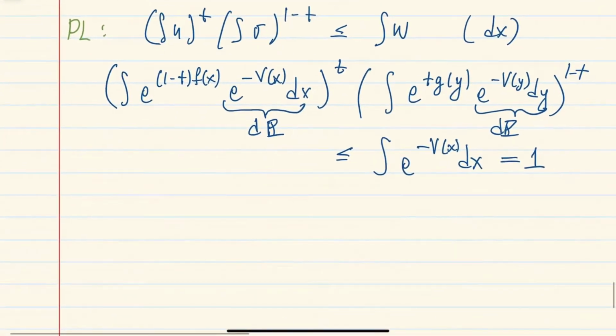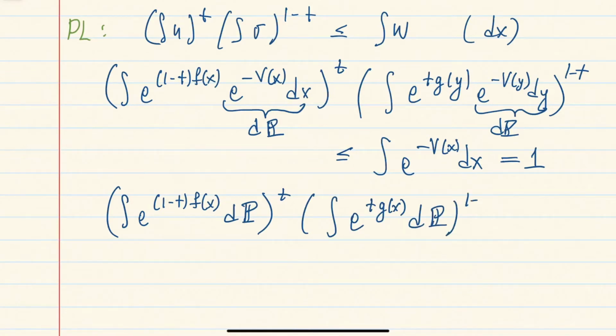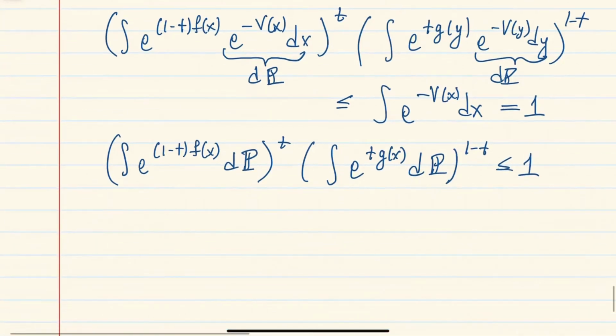Okay, so in other words, what we get is integral of e to the 1 minus t f of x with respect to the Gaussian measure to the power t, and then integral e to the t g of x with respect to the same Gaussian measure to the power 1 minus t is bounded by 1. Right?